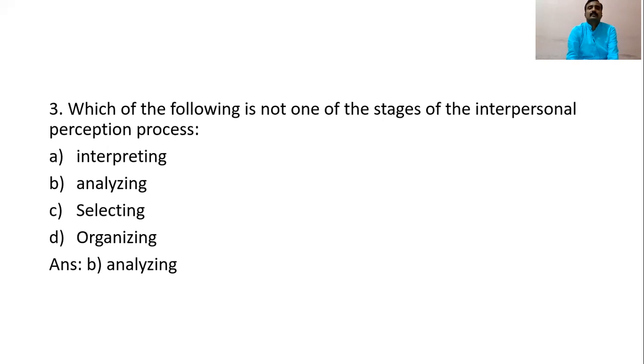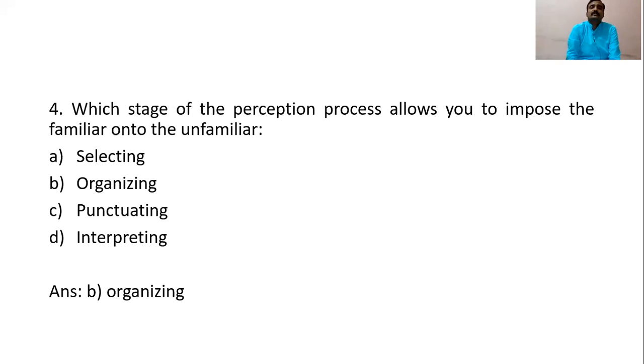Which of the following is not one of the stages of the interpersonal perception process? Interpreting, analyzing, selecting, organizing. Analyzing is not one of the stages in the interpersonal perception process. Which stage of the perception process allows you to impose the familiar onto the unfamiliar?